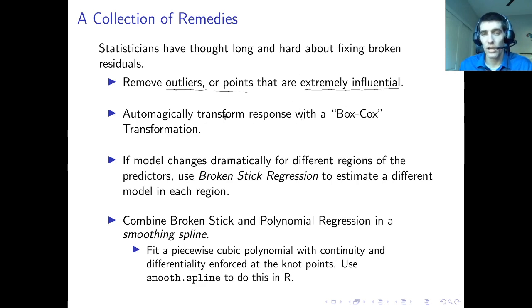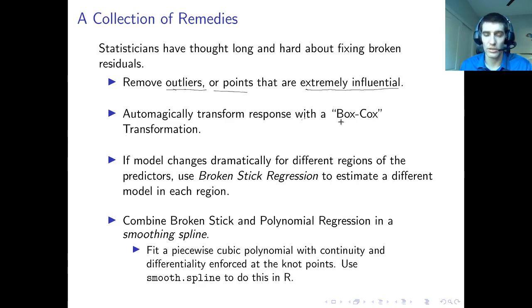There are transformations that you can perform. I have "automagically" here, and this is me being a little bit sarcastic, but the Box-Cox transform is a way to automatically find an optimal transformation of y, the response variable, that fixes your residuals in a certain sense.